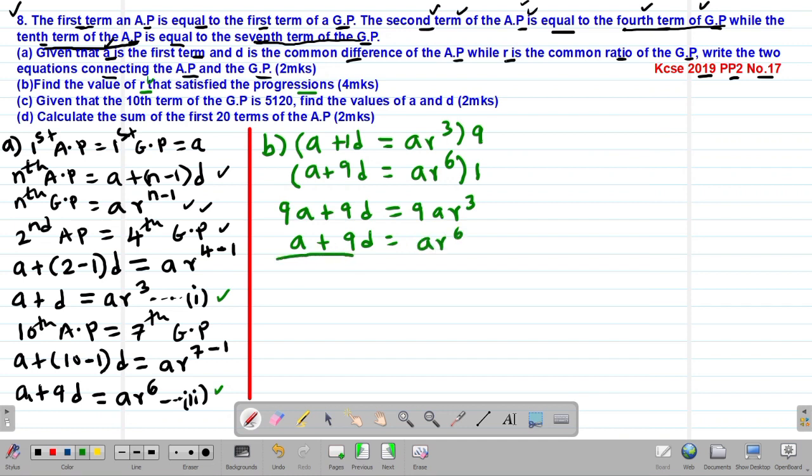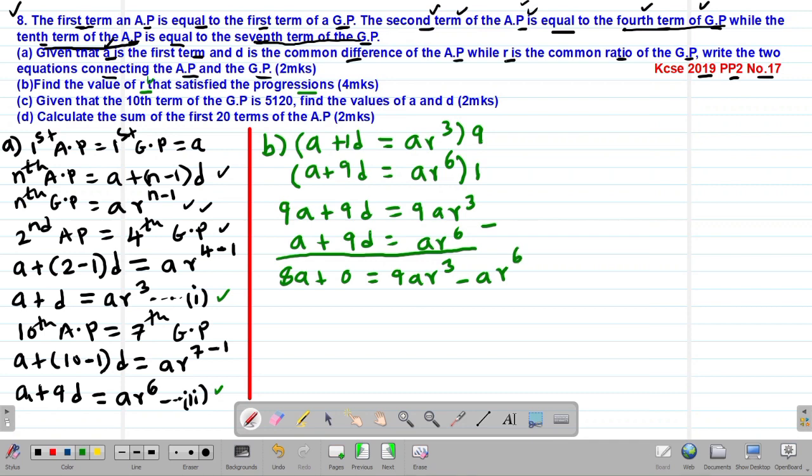Then when I subtract these two equations, D will get eliminated. So 9A minus A, I'll get positive 8A. Then, of course, plus 9D minus 9D, I'll just get 0, being equal to 9AR cubed minus AR to the power of 6.